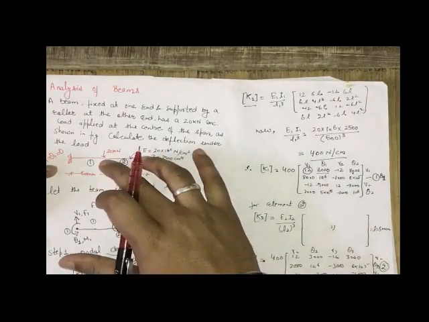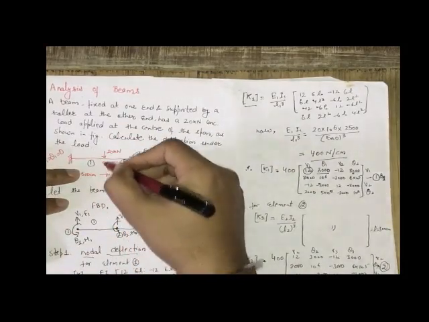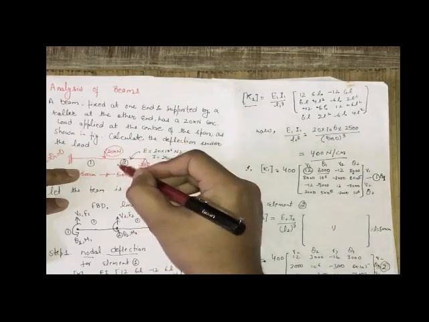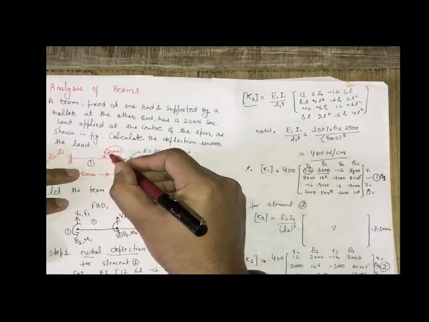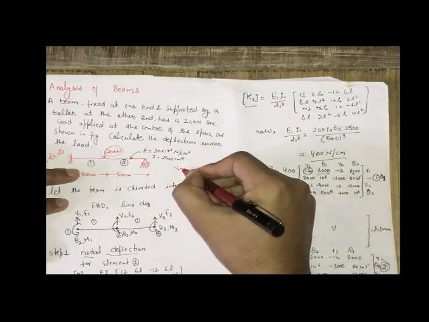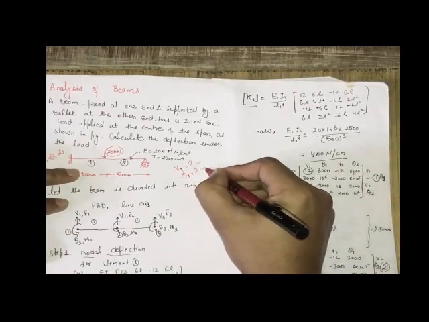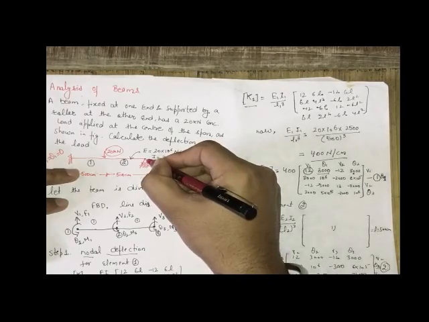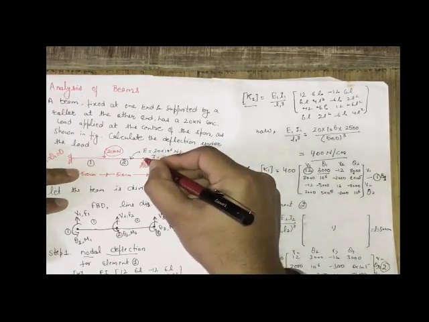Now at the node 2 we have a vertical load, that is 20 kilonewton at the node 2. So there is a deformation in the vertical as well as in the slope. So there is a value of v2 and theta 2 we need to calculate too. And now at the node 3 we have the roller support.